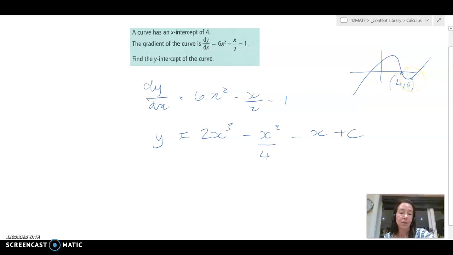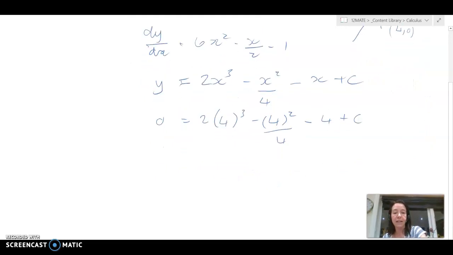So I can substitute (4, 0) into this equation. So when y is 0, x is 4. And now I've got all my information to find out what c is, which is fantastic.